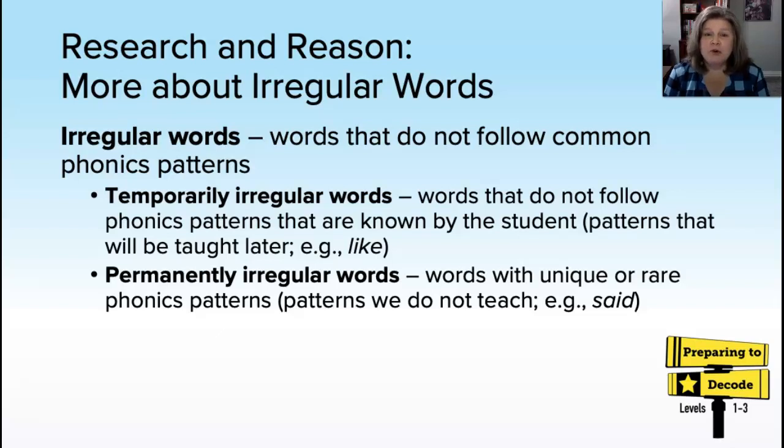Other irregular words are called permanently irregular words. These are words with unique or rare phonics patterns. These are phonics patterns that we don't teach because they're so unusual and they're just not that useful to teach.